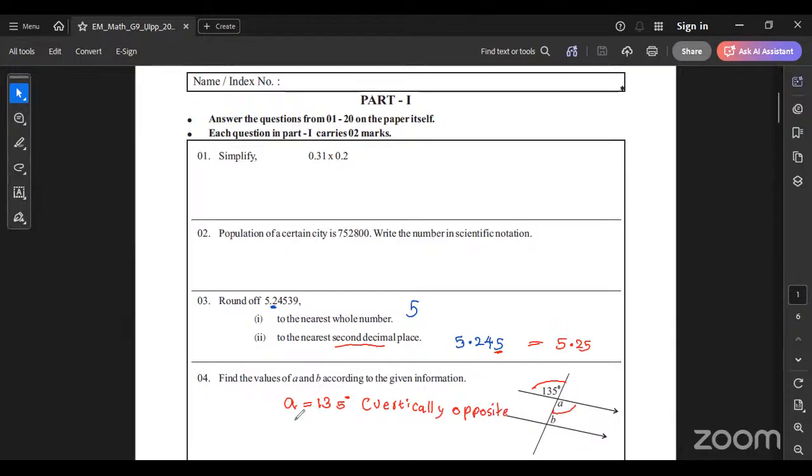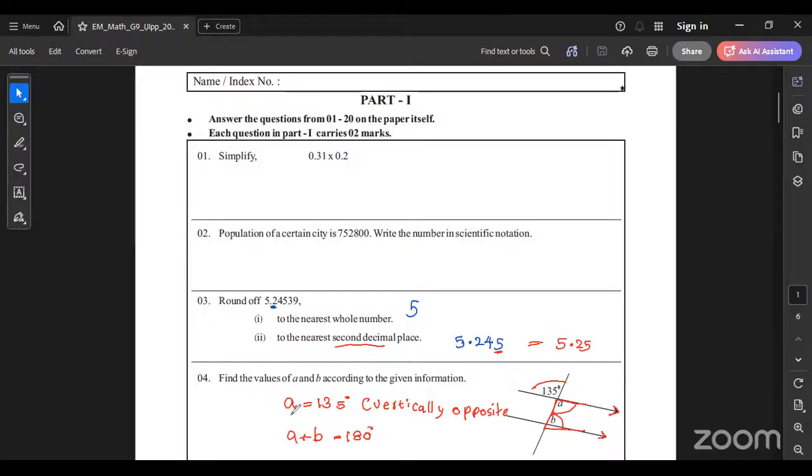And what is B? The lines are parallel. Then the C shape, A plus B. C-shape angles are considered allied angles. The sum of allied angles is 180. A plus B equals 180.